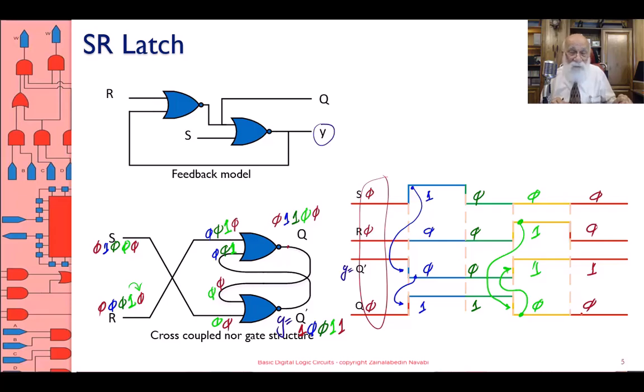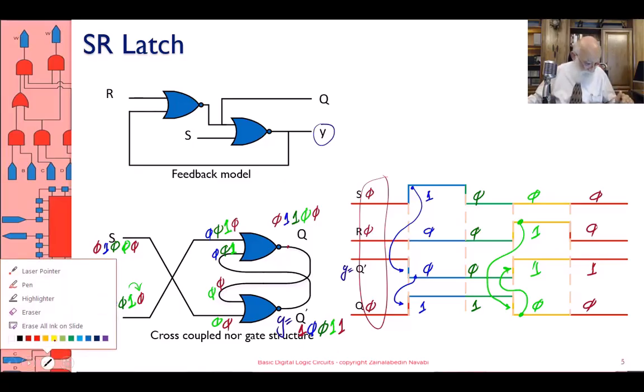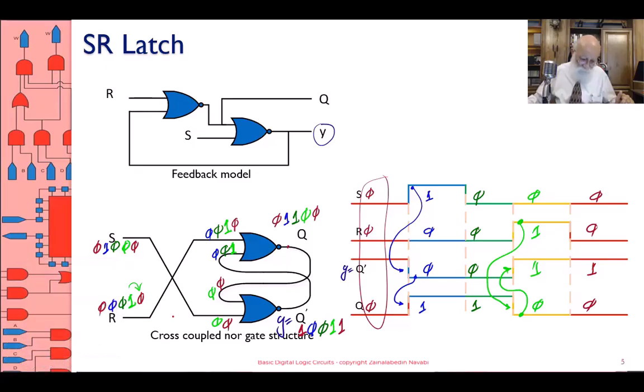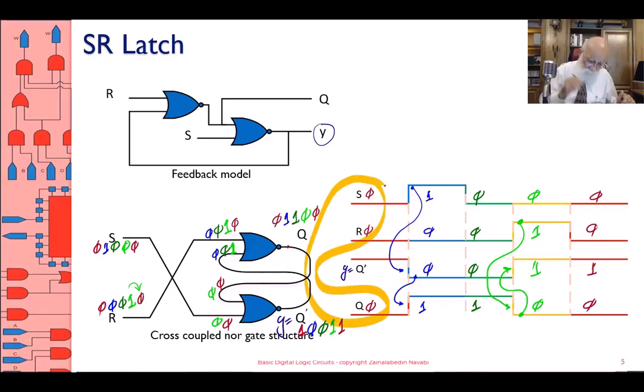I claim that my circuit has memory. The reason is this. Initially, on this side, don't look at Q, don't look at Y, look at this.